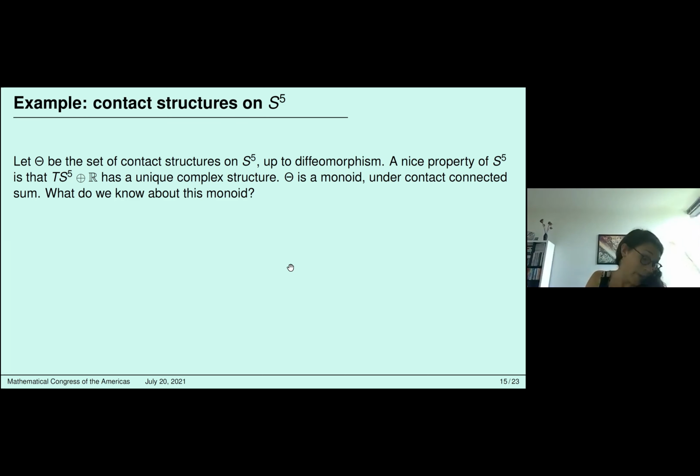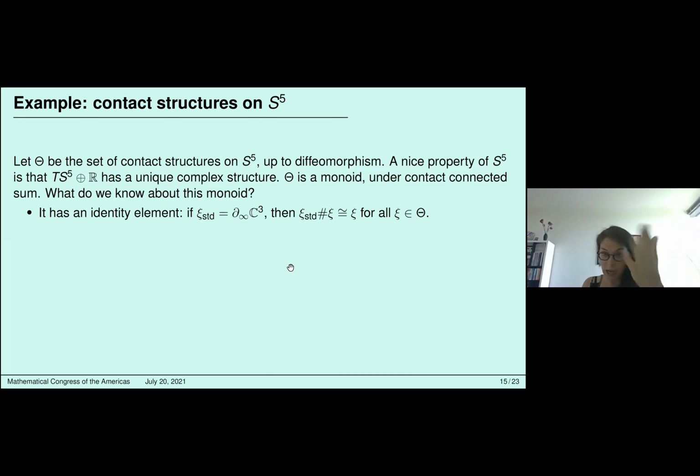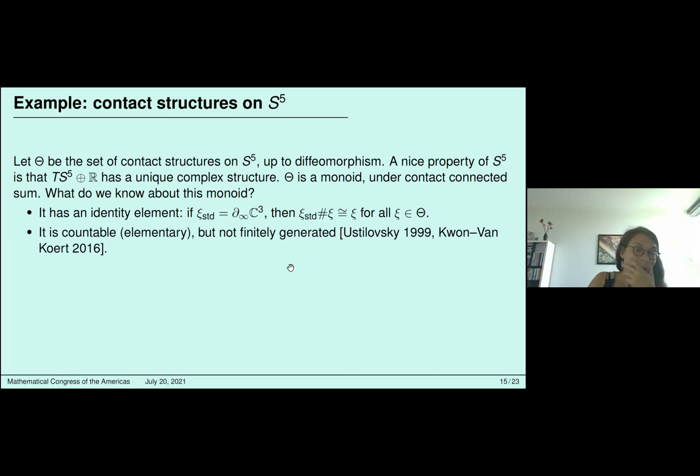We don't know very much about this monoid, but let me tell you what I do know. First of all, it has an identity element, which is the boundary at infinity of C^3. That's a nice thing. It's countable. That's elementary, maybe a bit, but it comes from the fact that there are no moduli and finitely many charts, one of those type arguments. But it's not finitely generated, and that follows from Ustilovsky type results.